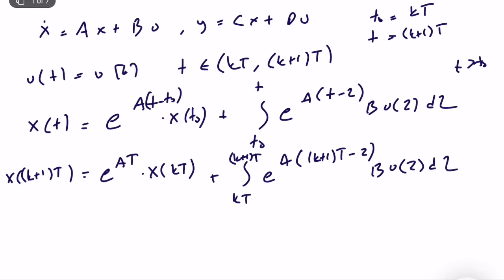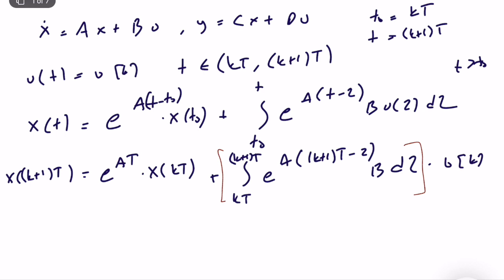But the important thing is, what is u(tau)? u(tau) is u(t) from kT to (k+1)T, and we know that it is constant. So I can modify this, d tau times u[k], in parentheses. We simplified the problem a lot because now the input is outside of the integral.